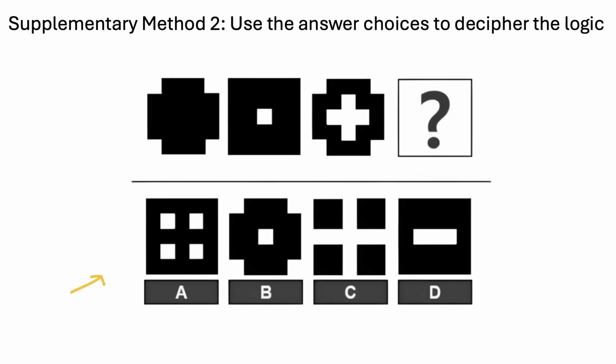So here we have our answer options below the frames, and we can look at the outer edges of A through D to notice a clear split. We see that some of them are squares, so this is where we have corners present, and that's what we see in A, C, and D, whereas the other, which is actually just B, is a cross.